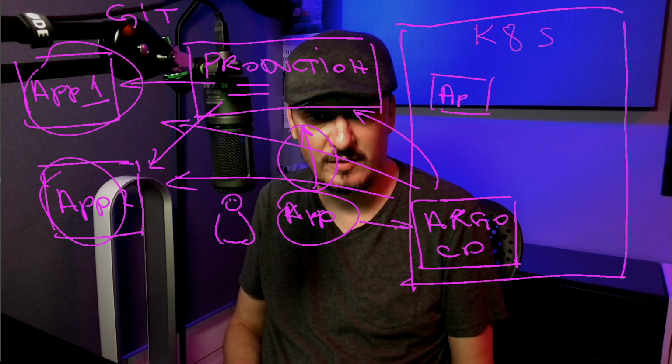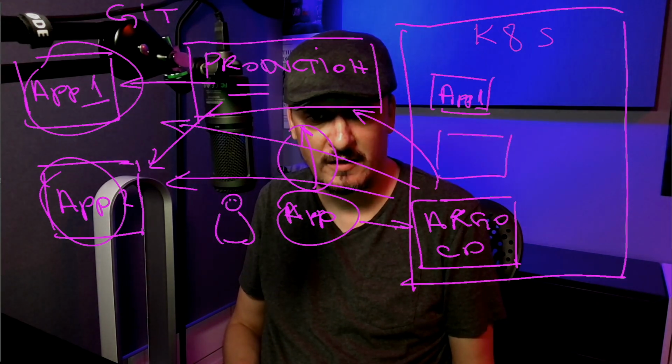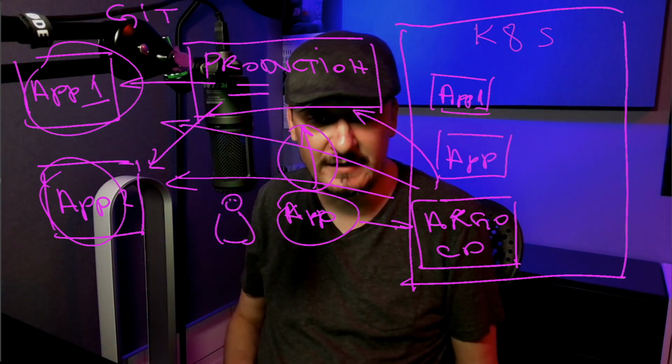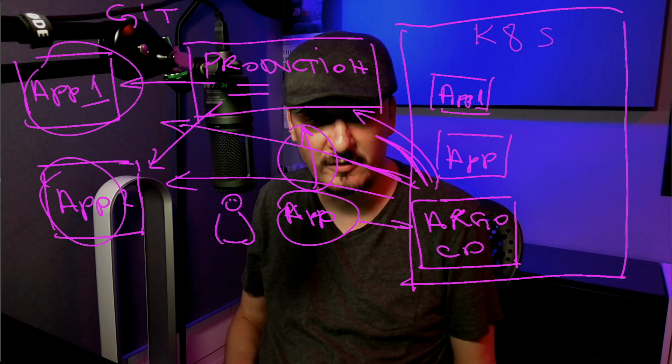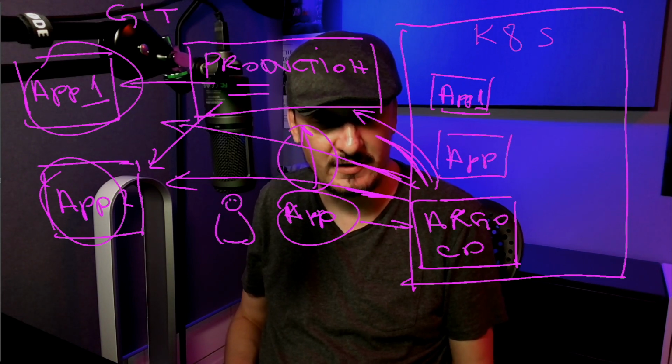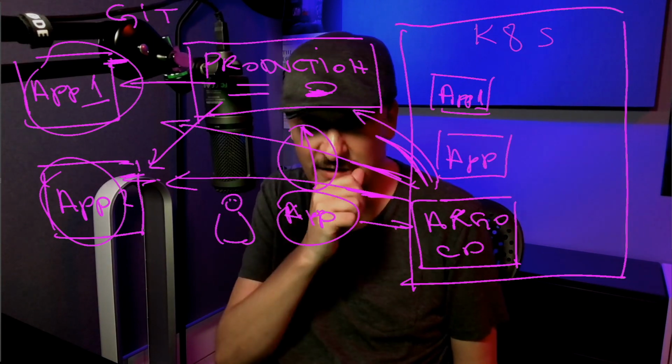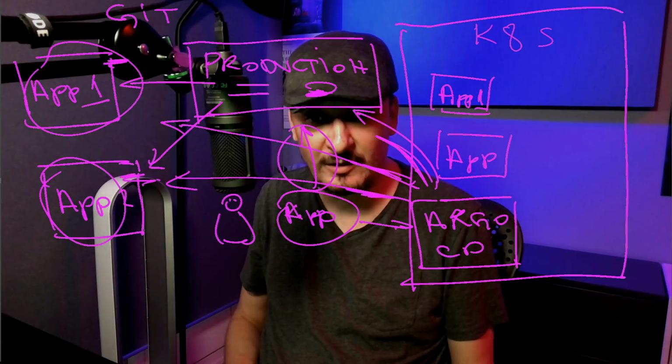So this is app1 and deployed another application. And it started monitoring, continuously watching what's going on there, what's going on there, what's going on there. And the moment we changed something, in this case, in this repository, but we could have changed here or here as well, the moment it detected a change, it applied that change.